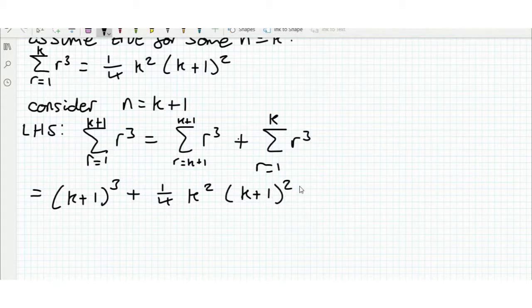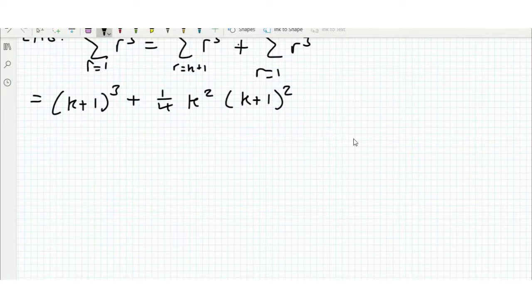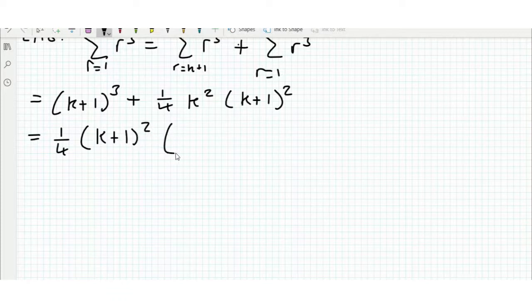We always want to keep in mind the result we're looking for, which is 1/4 k plus 1 squared multiplied by k plus 2 squared. So we've got a quarter here, so we're going to factorize that out, and we want k plus 1 squared, so I'm going to factorize that out. Now inside these brackets, what does that leave us? Here we get 4 times k plus 1, which is 4k plus 4.